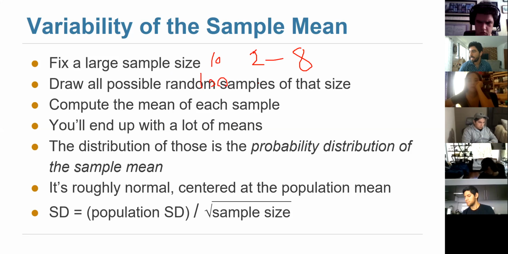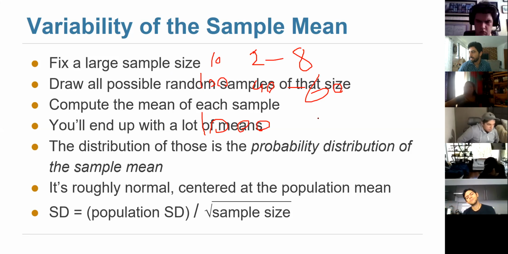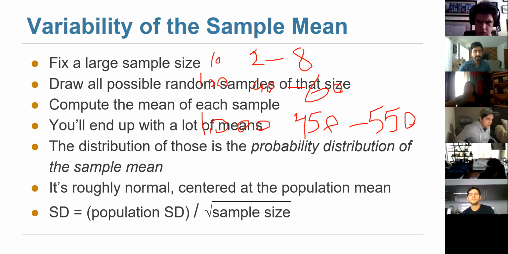If you go 100, then this gap becomes smaller. Maybe you expect to see 40 to 60, and you still consider it fine. If you go 1,000, then 450 to 550 is still pretty good, okay? So you see, the higher number I'm going, the standard deviation is getting lower.